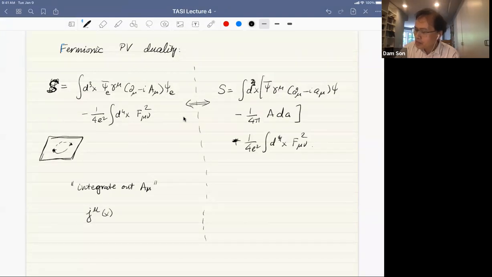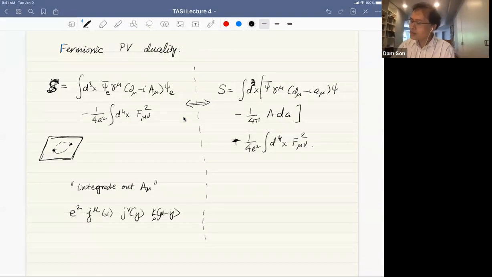I'm not going to write it. There's some kernel here, x minus y. But we know that the strength of the interaction here would be governed by E squared. So E squared is the coupling constant on the left-hand side.